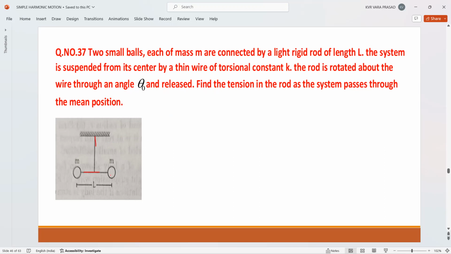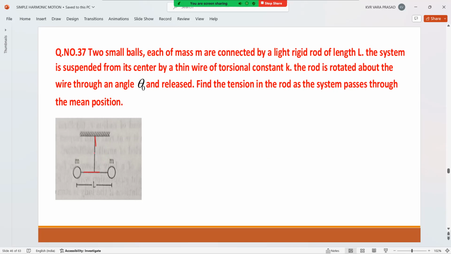Okay. Now he's asking, find the tension in the rod as the system passes through the mean position. Tension in the rod. Okay. See how we are starting the problem. Once we release the rod, you can see in the string, there is a twist in the string.